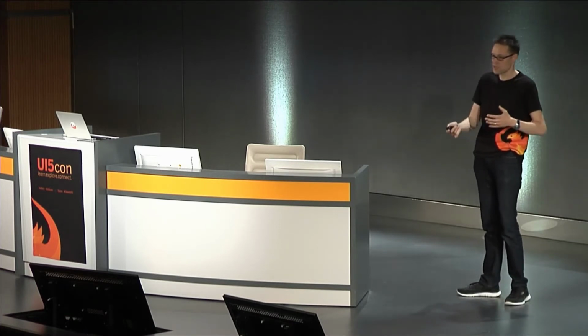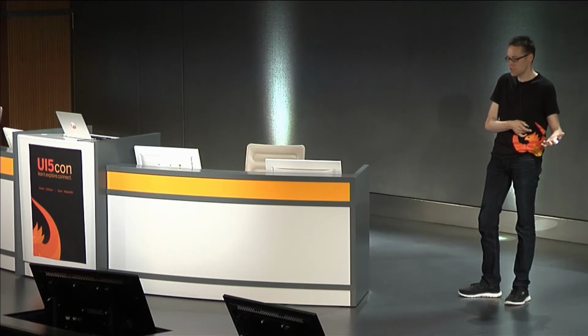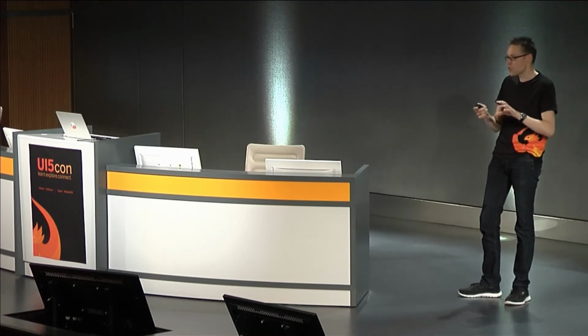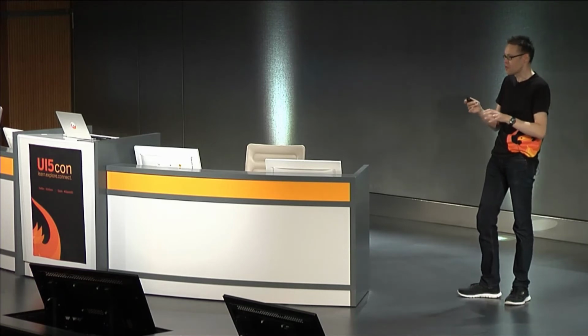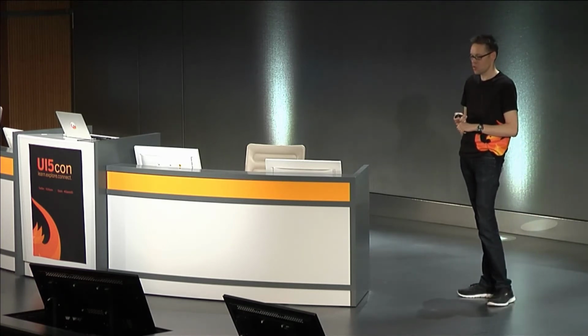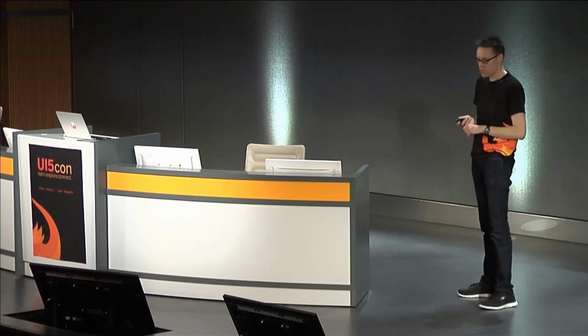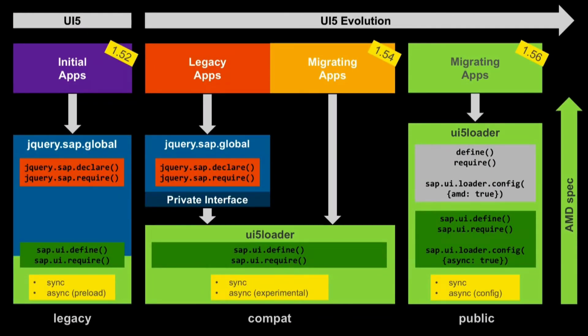And of course, it still worked synchronously inside, but with some experimental tweaks, you could manage to get it into asynchronous mode. But it was hard. And with 1.56, it's much easier because now it's your best friend for loading modules. You could use a public config API, use an async flag set to true, and there you go. Then it tries to run in asynchronous mode. Of course, there's still a sync fallback if you need.